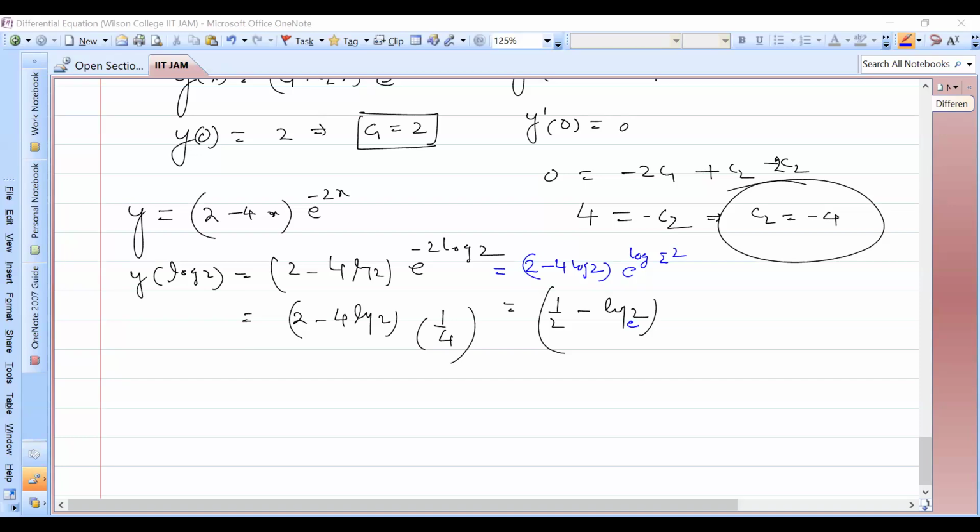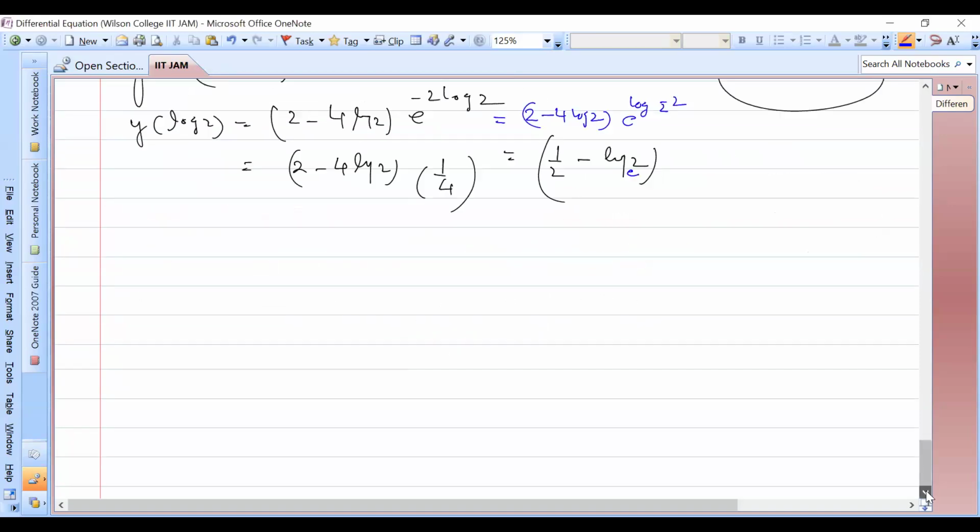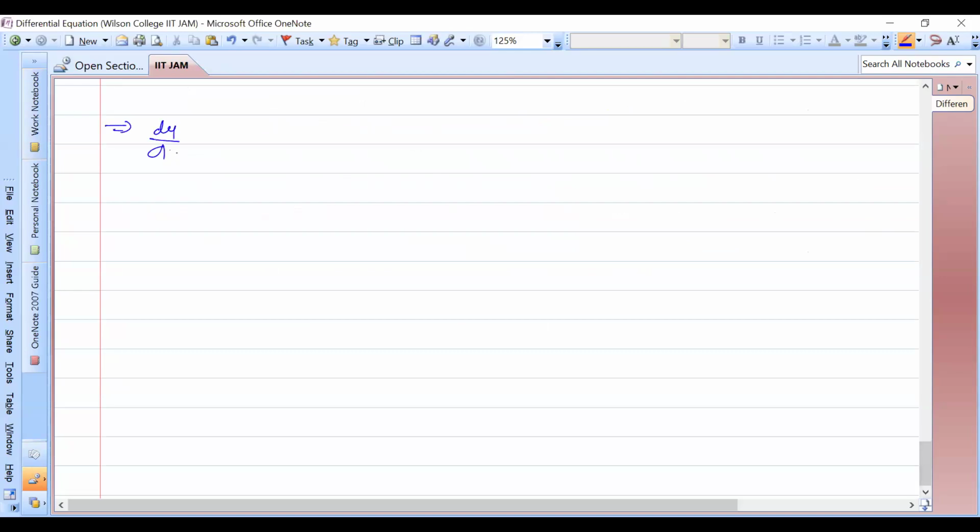Yes. So one question is: solve dy by dx minus 1 by x plus 3x square, minus 1 plus 3x square into y equals xy square, and they have given y of 1.